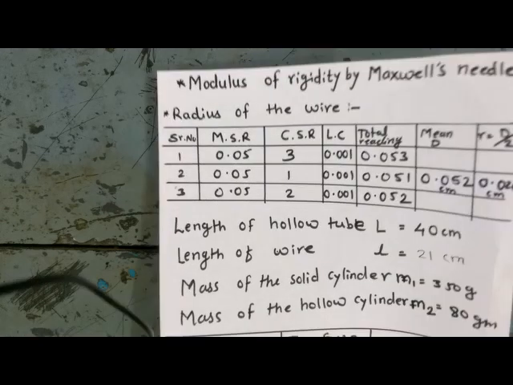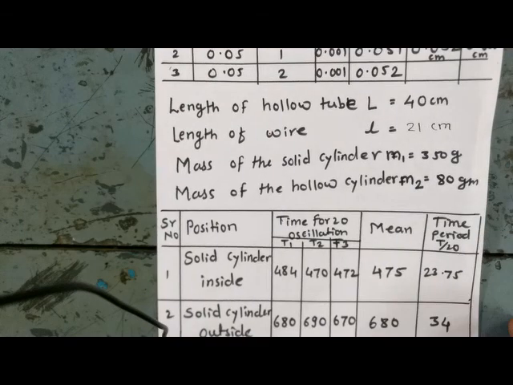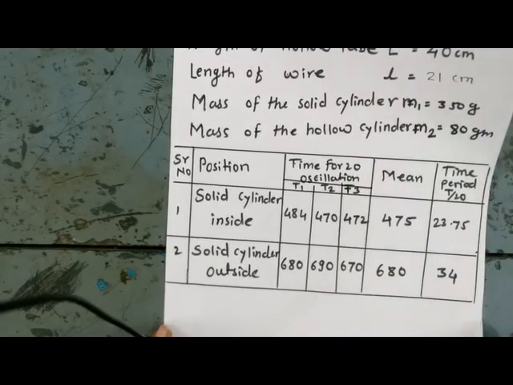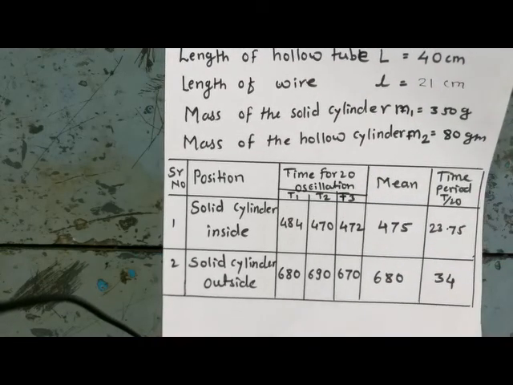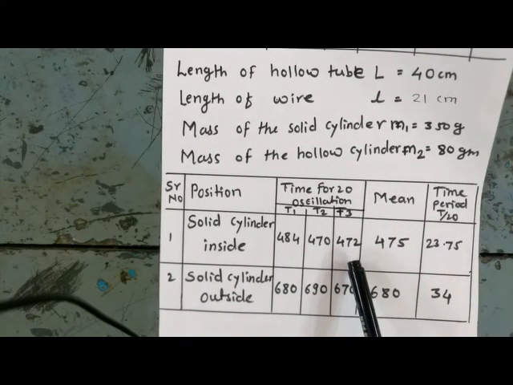So after that we make the observation table, and I give the readings. With the solid cylinder inside, the time required for 20 oscillations: first trial 484, second trial 470 second, and third trial 472 second.